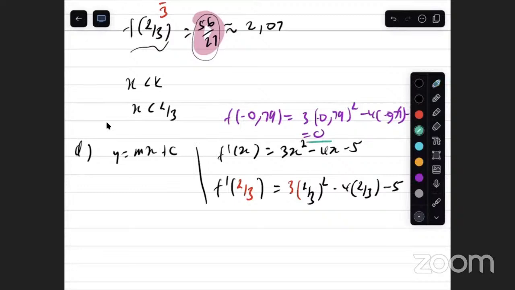Do you get that? Sure. f prime of the other one, I think was 2.12, so 3 into 2.12 squared minus 4 into 2.12, and then minus 5. That one should also give you 0.